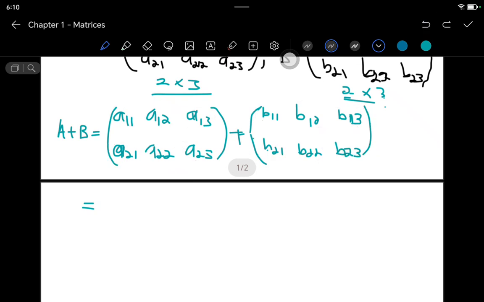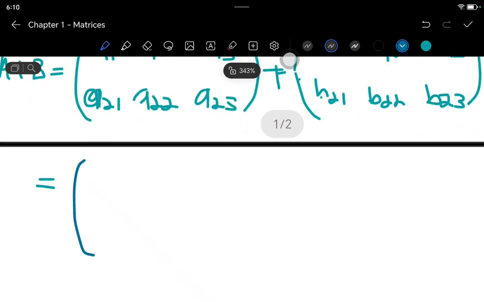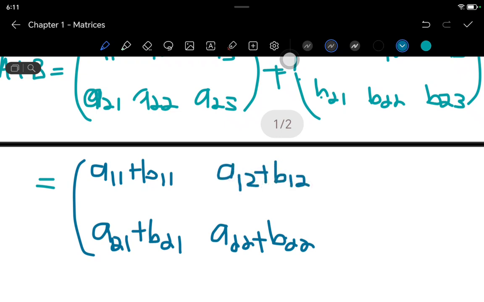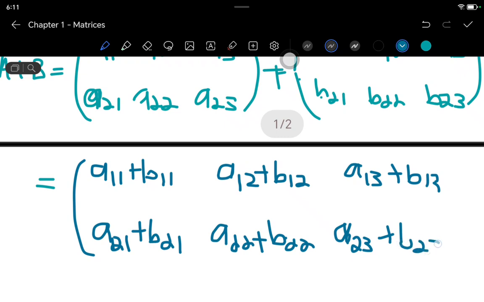And then what's going to happen is that here I'm going to have A11 plus B11, A12 plus B12, A13 plus B13, A21 plus B21, A22 plus B22, A23 plus B23.